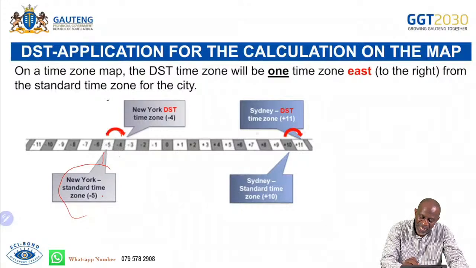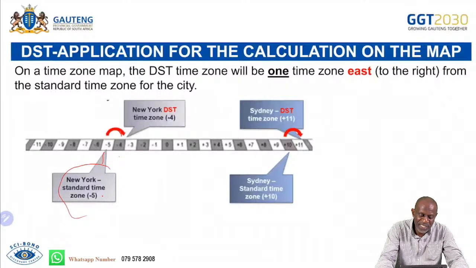The same applies to Sydney, which is at +10, but during summer, when they practice daylight saving time, it will adjust their time, and they will move from longitude +10 to longitude +11.